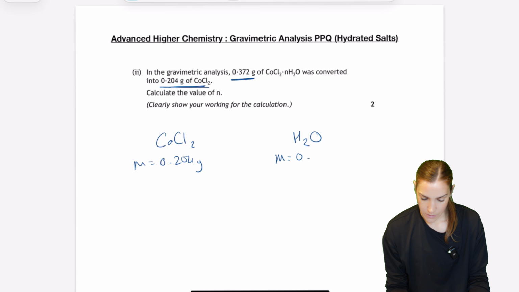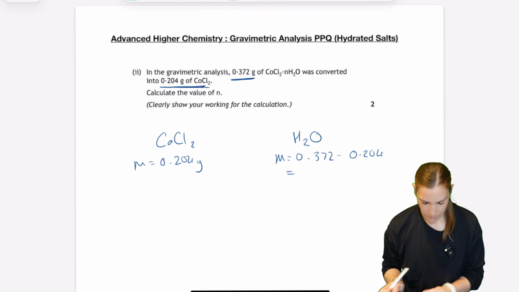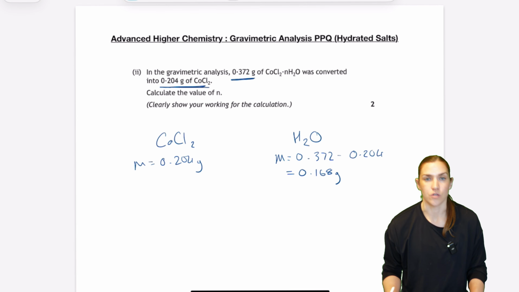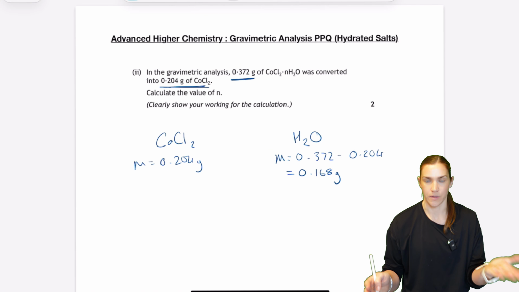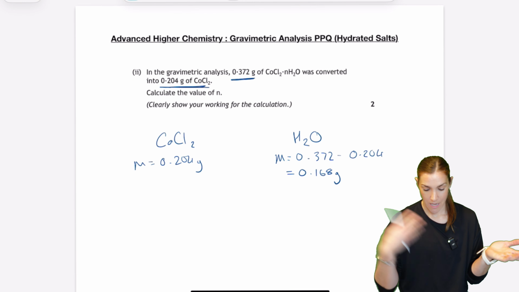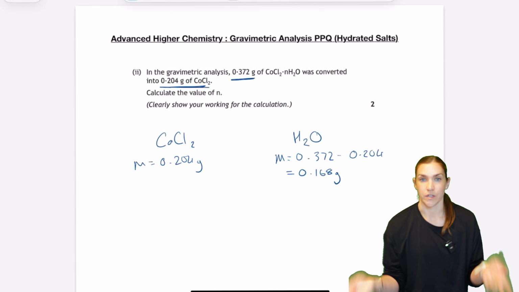So we would do 0.372 minus 0.204. You put that into your calculator, and that gives you 0.168 grams. So we've got the mass of our cobalt chloride salt, and we've got the mass of water that was contained within that hydrated salt.